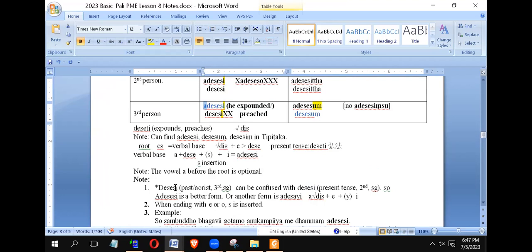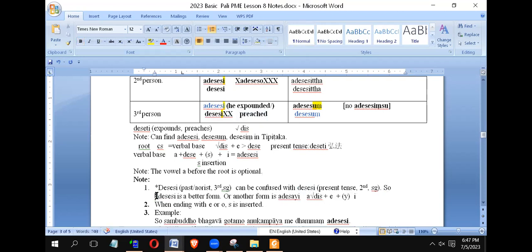Okay, can you follow? So if I take out the A, just desesi, this desesi is confused with the desesi present tense second person singular. This is why adesesi is better. Okay, so this is better.